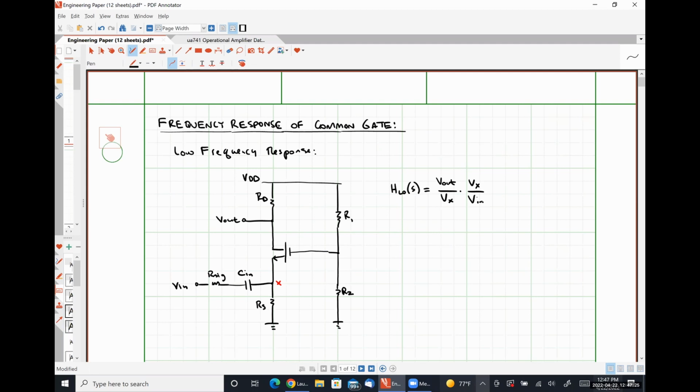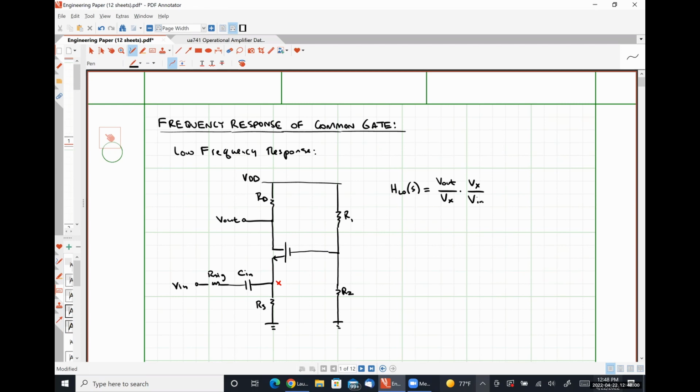So for a common source amplifier, the voltage gain for the common source core amplifier was negative gm RD. For a common gate core amplifier, the voltage gain was positive gm RD. The presence, so if we're ignoring Rin, R sig, and Cin, if all of this were open circuited, the presence of this resistor Rs with the voltage Vx, they are directly in parallel, so this voltage does not affect the transfer function between node X and V out.